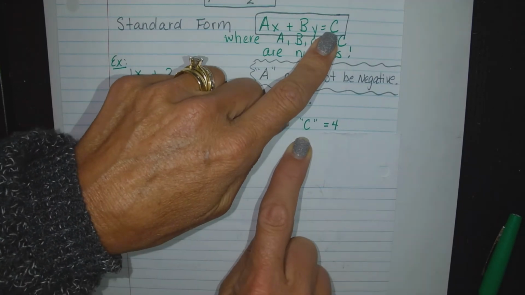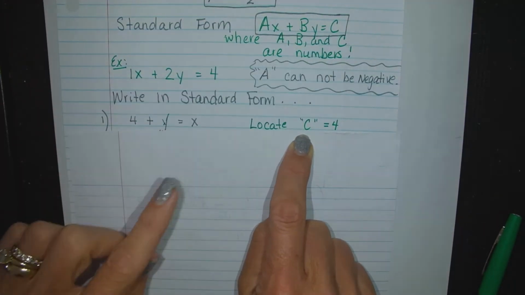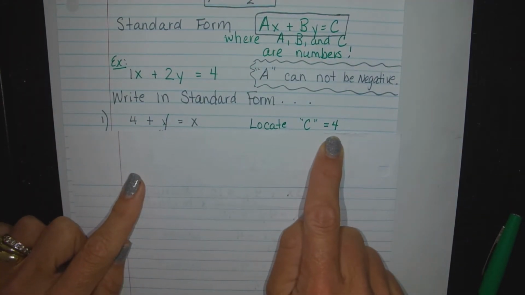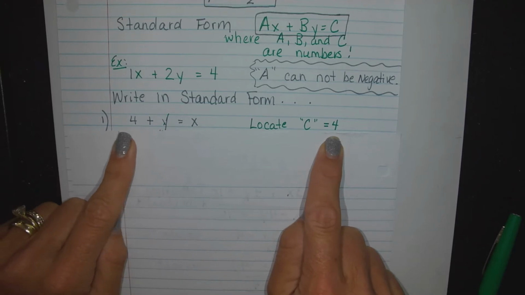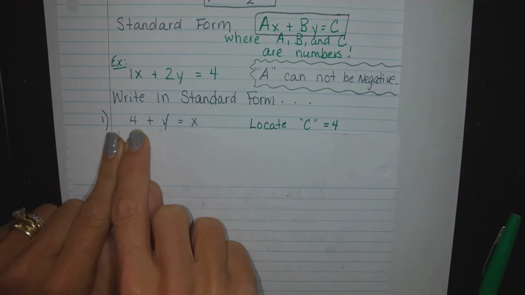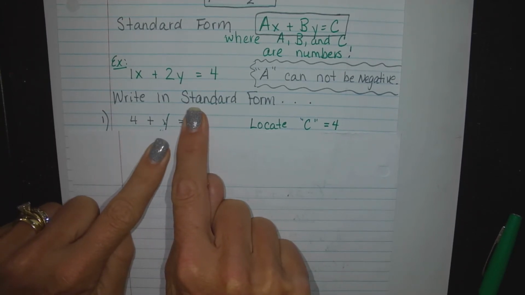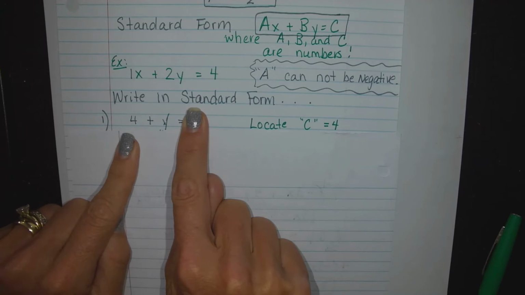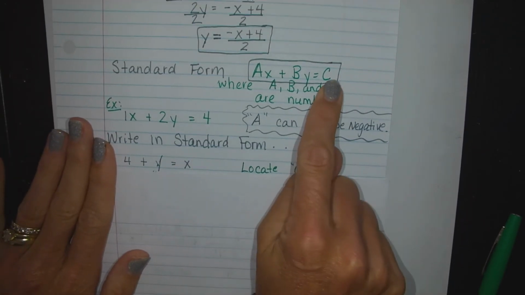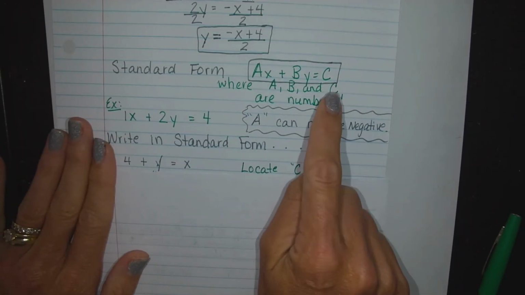Remember, c has no variable. C is 4. It's right in front of you. You're going to locate c. Whatever is on the same side of the equal sign is what you have to move. Here is c. Does everybody see, no pun intended?